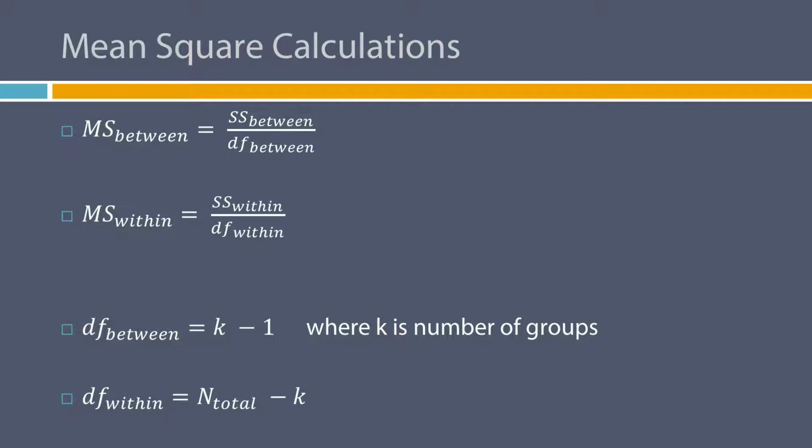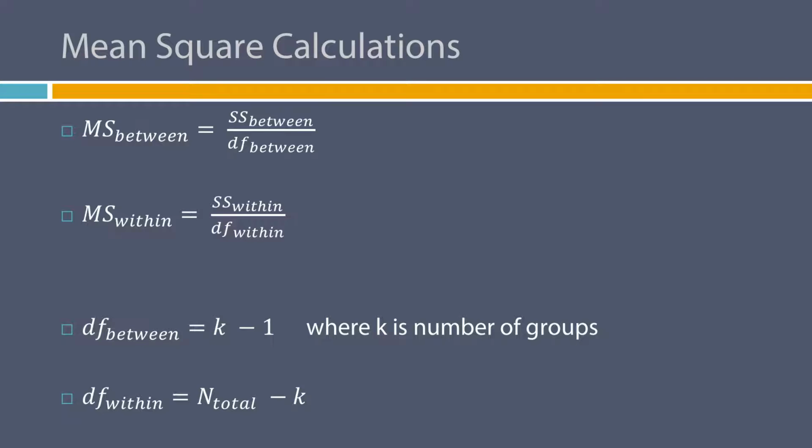Instead of just sum of squares between over sum of squares total, we're going to do mean square between versus mean square total. To calculate the mean square between, we say the sum of squares between divided by the df, degrees of freedom between. Same for mean square within. We do sum of squares within divided by degrees of freedom within.